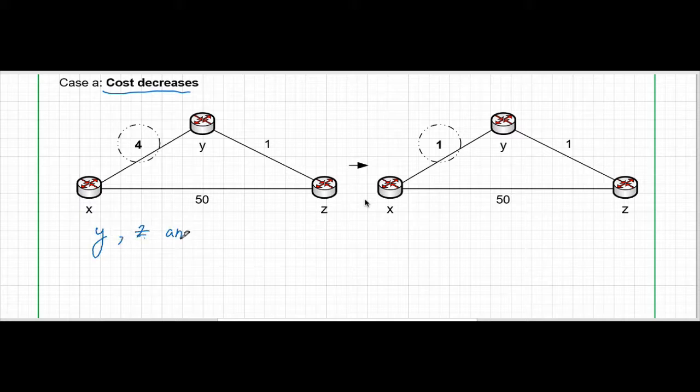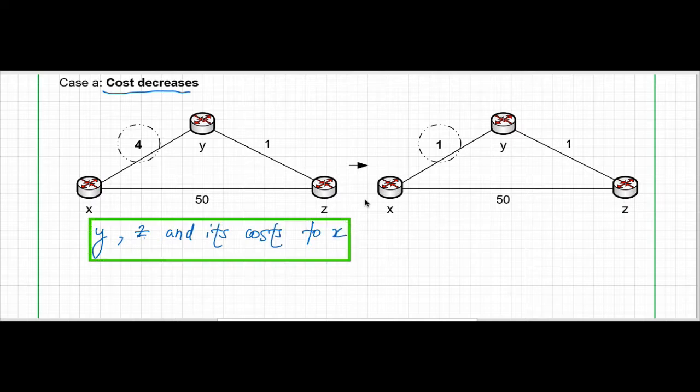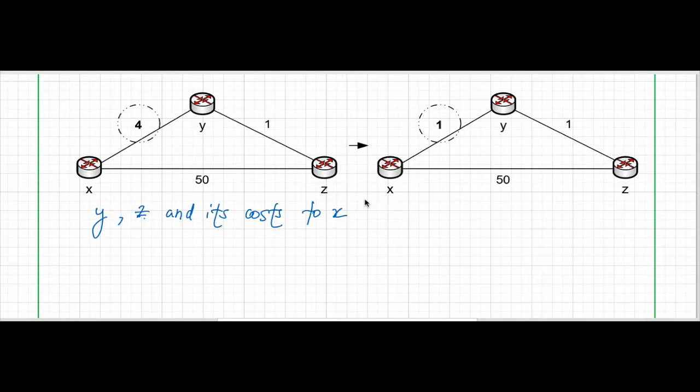and its cost to X. So let's look at what's going on. So the first thing that we're going to notice is that node Y detects the change. So it detects the cost change. Okay, what change?